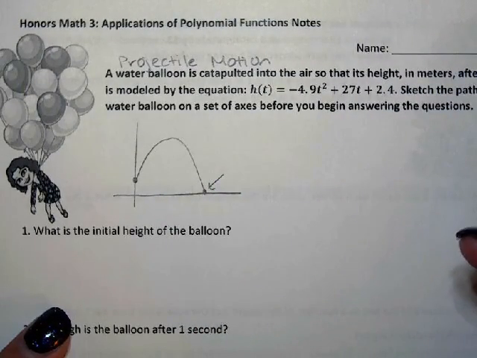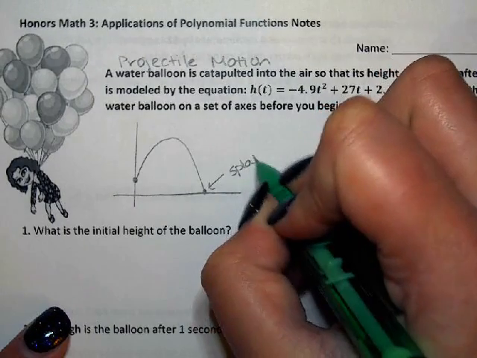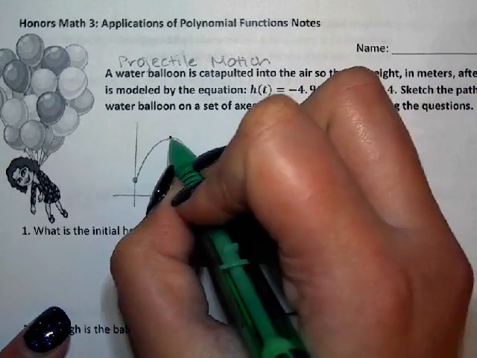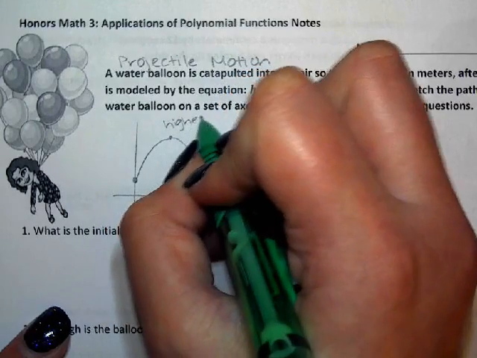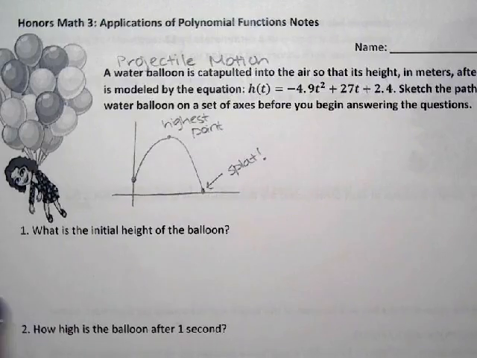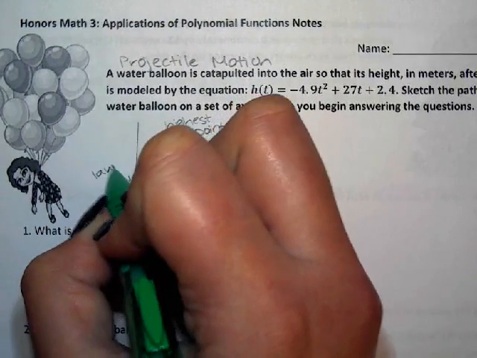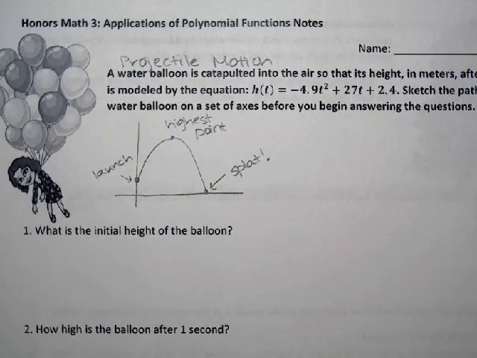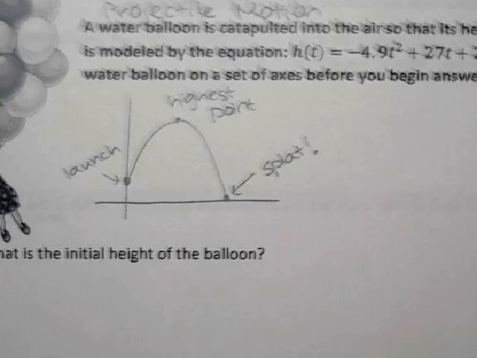Okay. Up here, this is the highest point. It's the highest point that it got. This is where it was launched. Okay. So we've got our splat when it hits the ground. We've got our highest point in the air. We've got our launch.